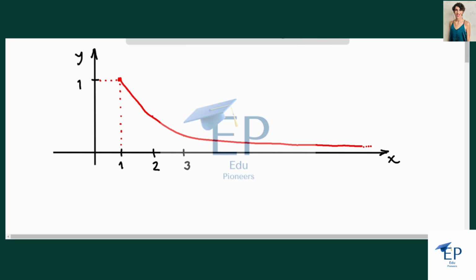That's the behavior of this function, and we can see clearly that the highest point in the graph that is included in the graph is f of 1, which is equal to 1. So f of 1 equal 1 is the absolute maximum value of the function.